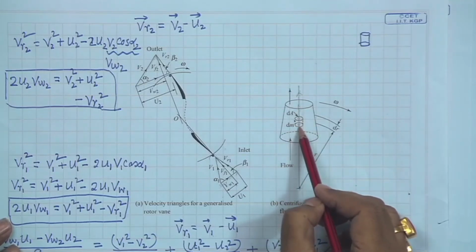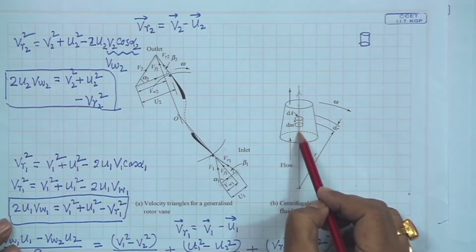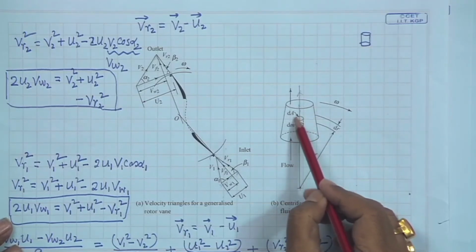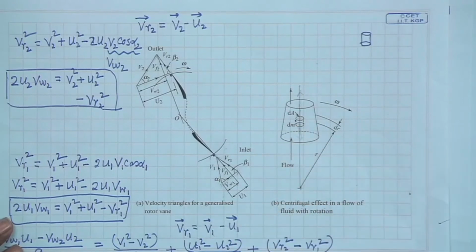So, this centripetal force causes a radial pressure field. That means a radial pressure field is generated, and this radial pressure field exerts a pressure force on this fluid element in the radial direction.